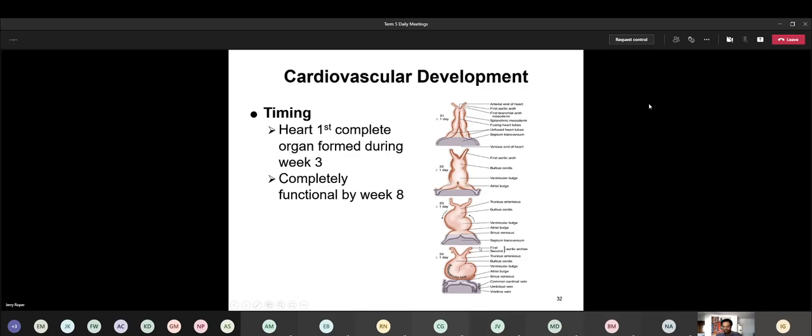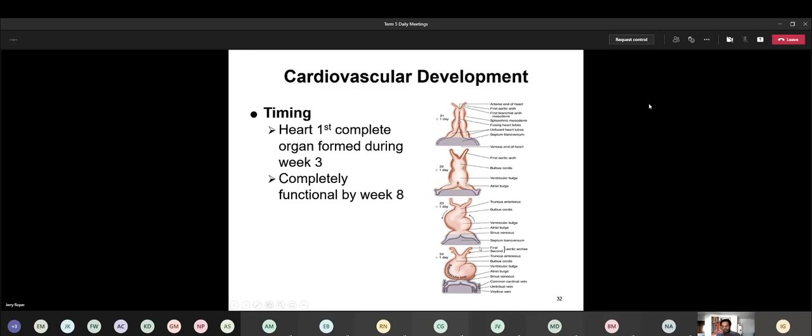It just starts off looking like two tubes, essentially. And these two tubes are going to come together. They're going to merge together. And then there's going to be some rearranging, some twisting going on. And then eventually those other structures are going to be a little bit more defined later on.